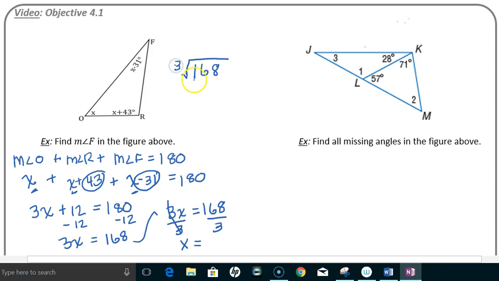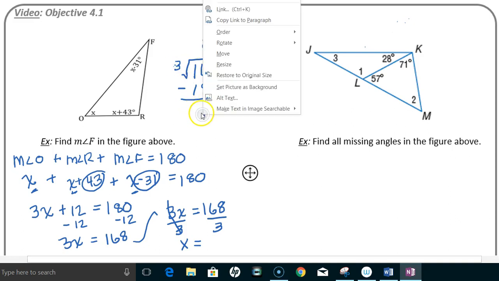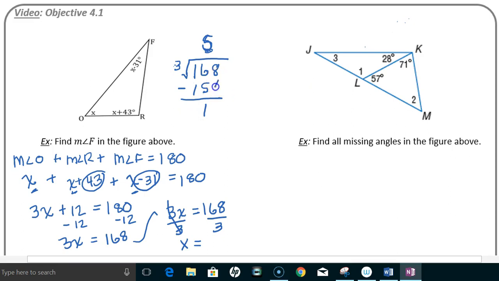So I think, does 3 divide into 1 evenly? No, but 3 does divide into 16. What times 3 is equal to or less than 16? 5. So I have a 5 up here. 5 times 3 is 15. And with long division, you subtract here. So 15 from 16 leaves 1. Well, 3 does not divide into 1 evenly, so I have to bring down the next digit.